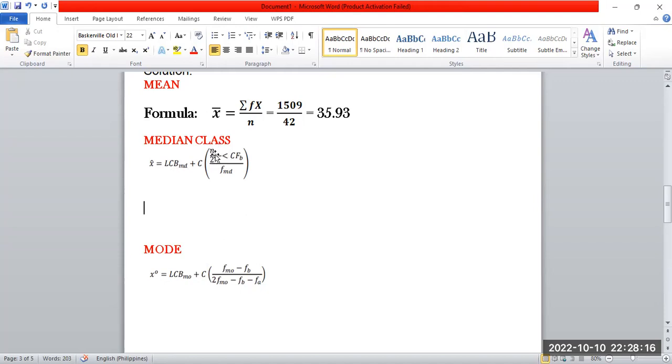So the half of the n minus less than cumulative frequency before the median class divided by the frequency of the median class.